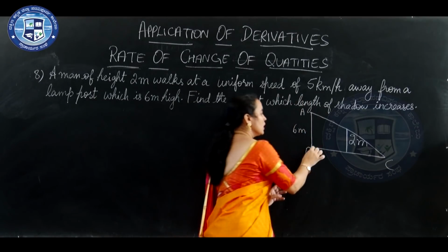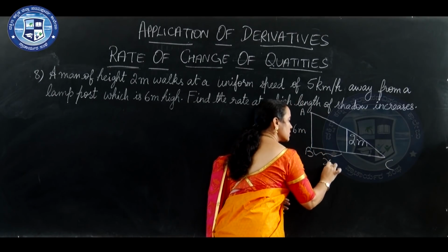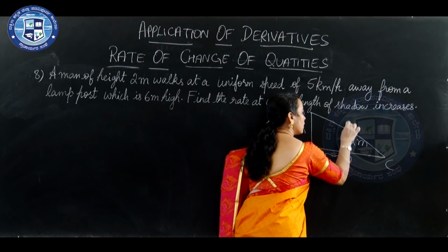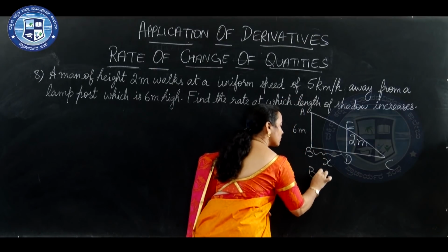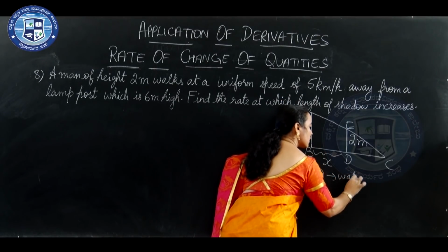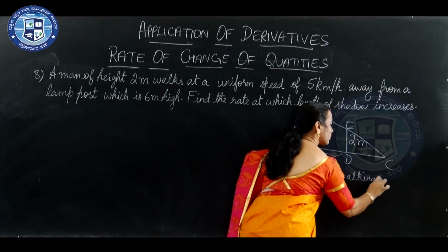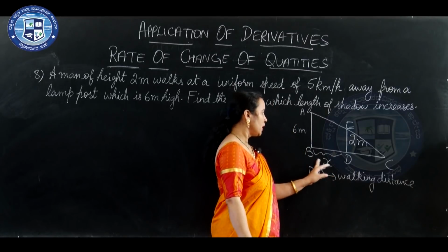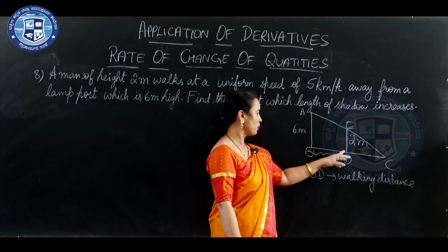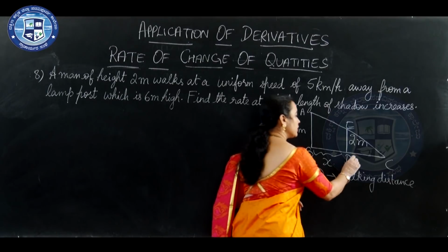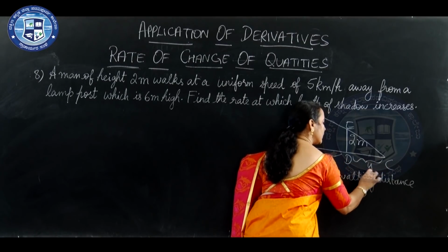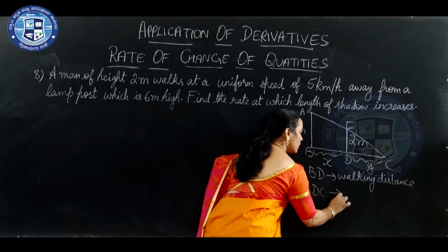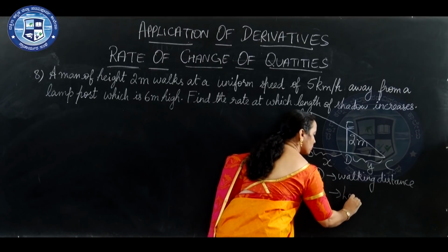Now this will be the walking distance of the man from the lamppost. So BD is the walking distance of the man from the lamppost, and this DC I will take as Y, and this DC will be the length of the shadow.